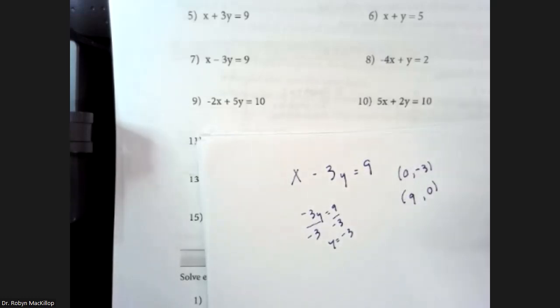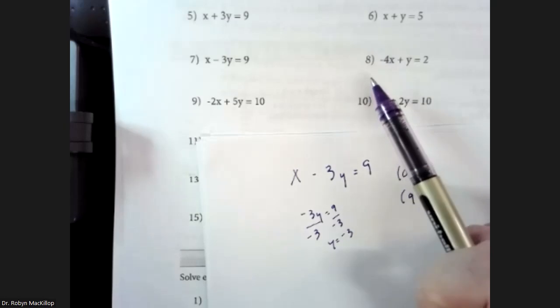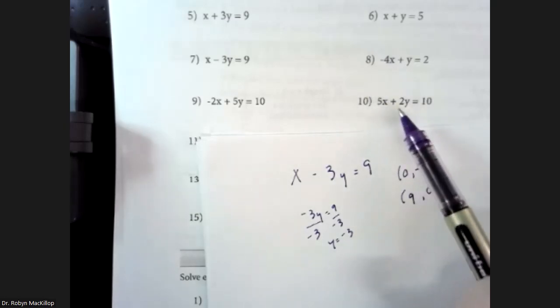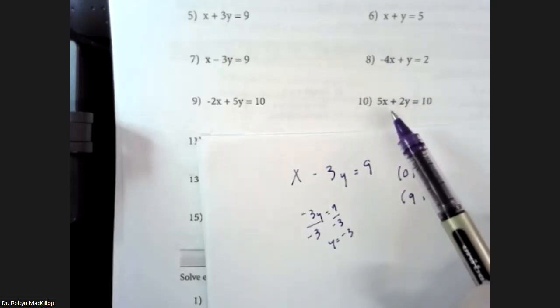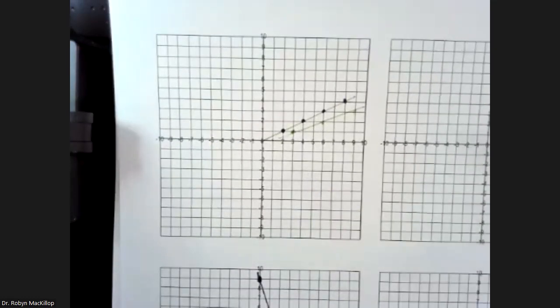You get to the test, they give you one of these, no matter what their instructions say, and you're going to be like, holy crap, I got to get rid of X first because I can't do anything with this problem. And that'll give you 2 sets of ordered pair. And then you can graph from those because you just plot them onto your graph.